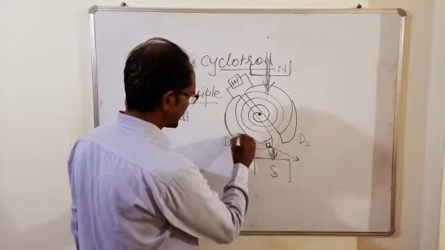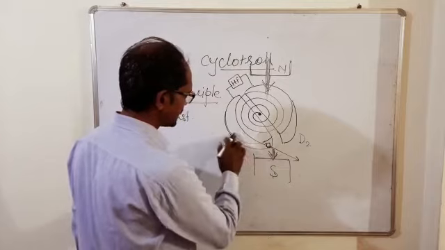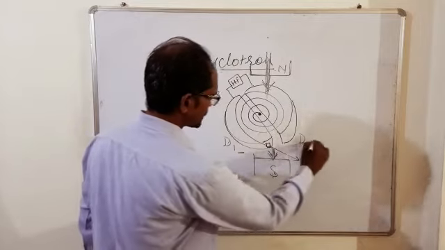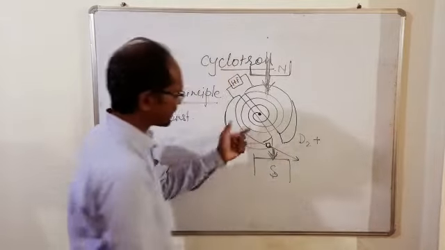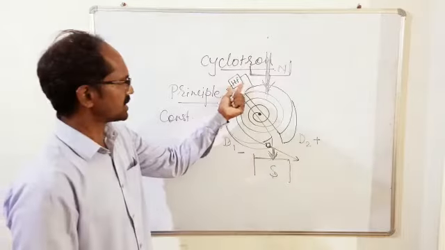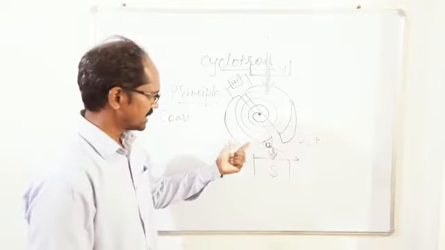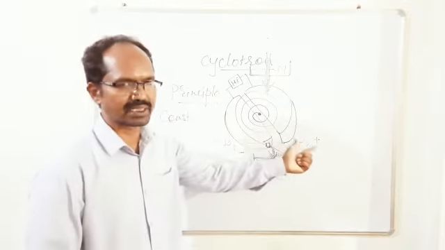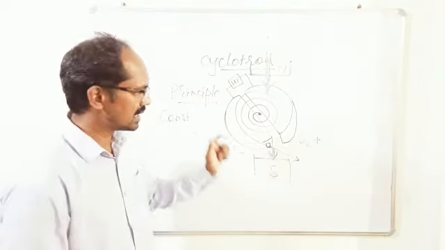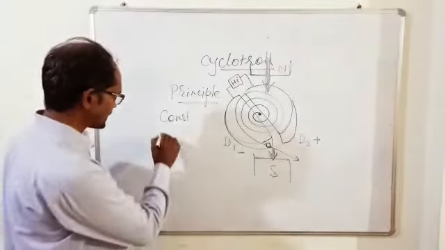Suppose at any instant D1 is negative and D2 is positive. After some time, this high frequency oscillator changes the polarity of the Ds. So D1 becomes positive and D2 negative. What action takes place, we'll see in working.